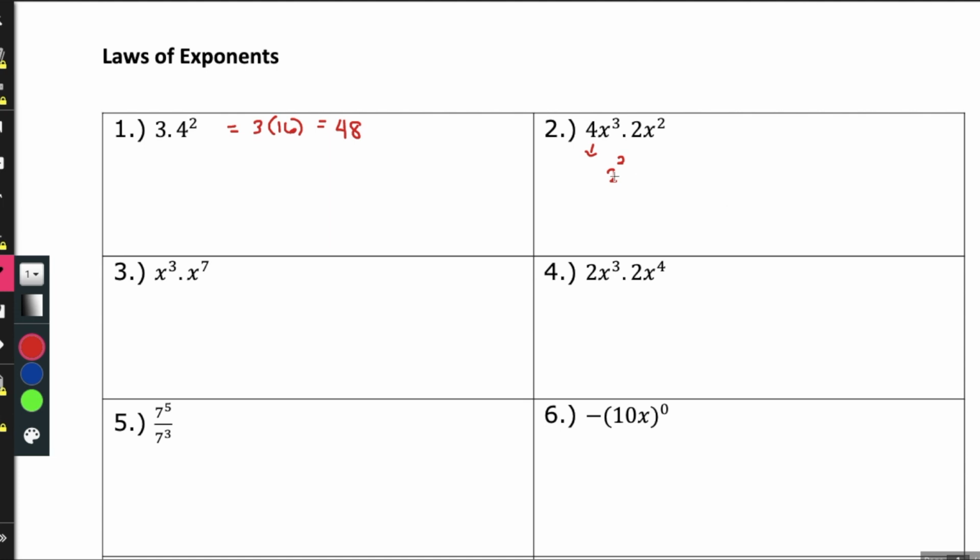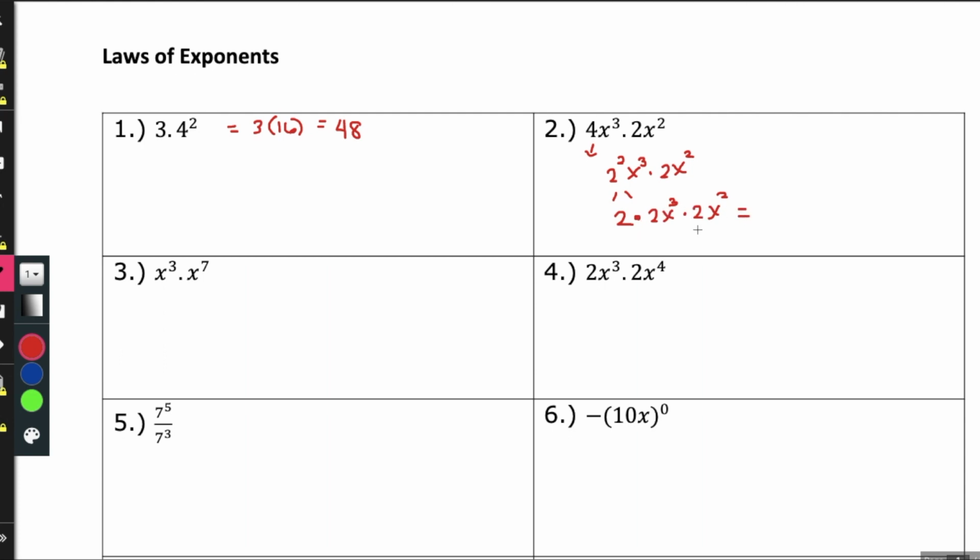So which means that this one I can write down as 2 times 2 x cubed times 2x squared.